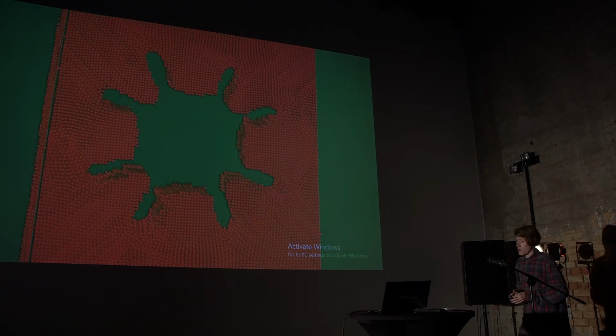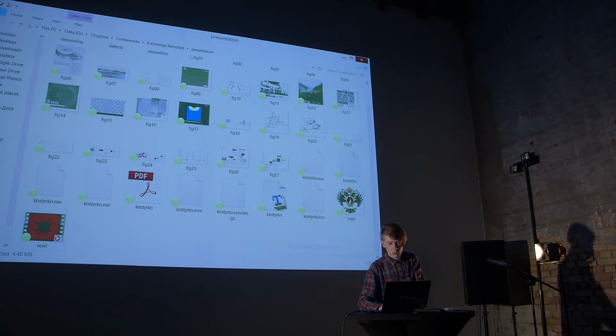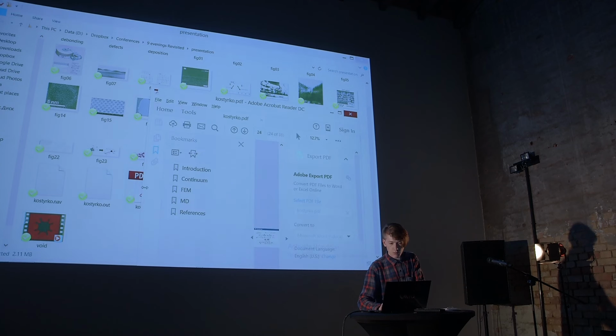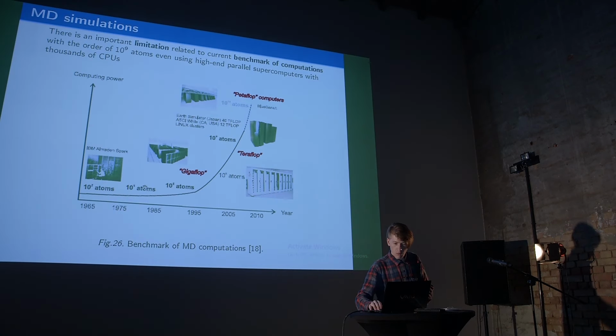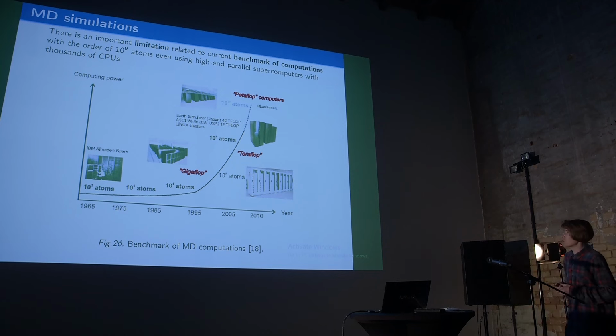So it's a very useful method, but it also has one big disadvantage. Even if we use high-end parallel supercomputers to solve such problems, we can simulate systems that have on the order of 10 to the 9th atoms.